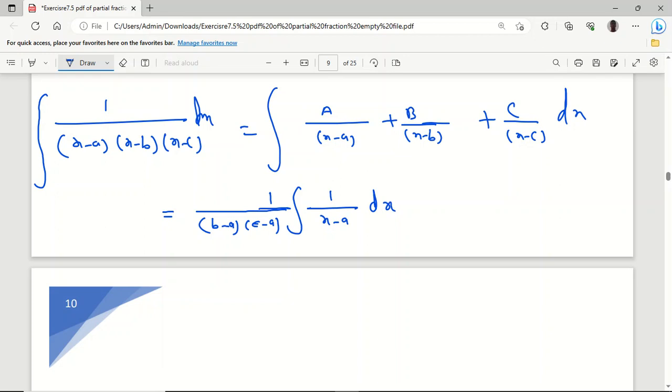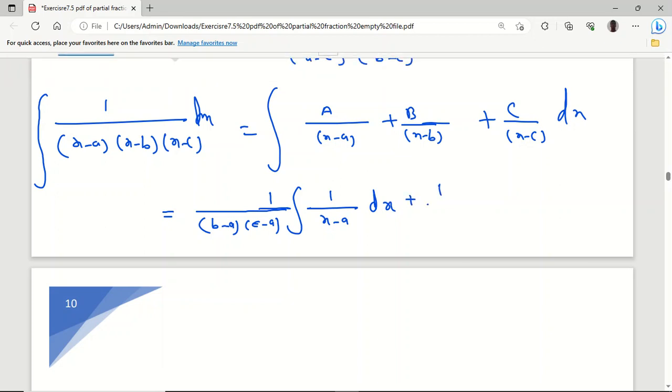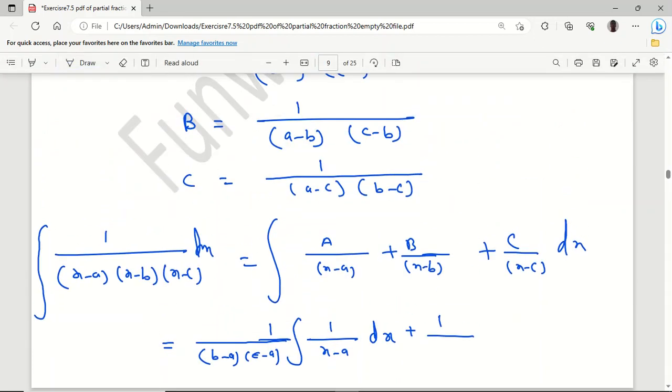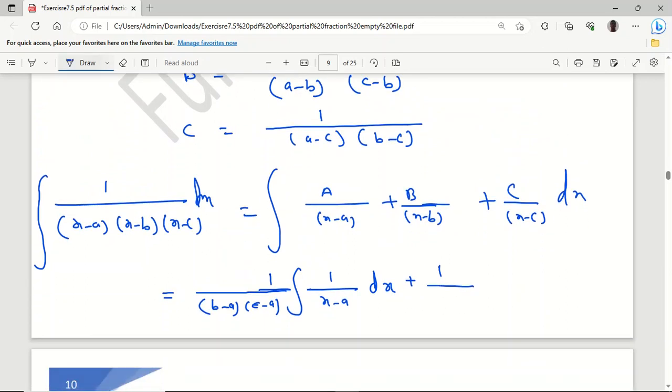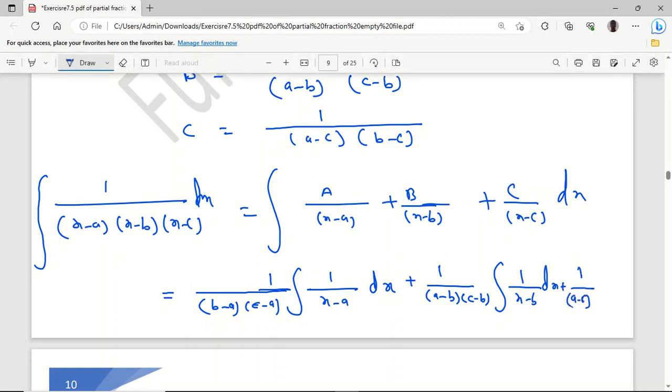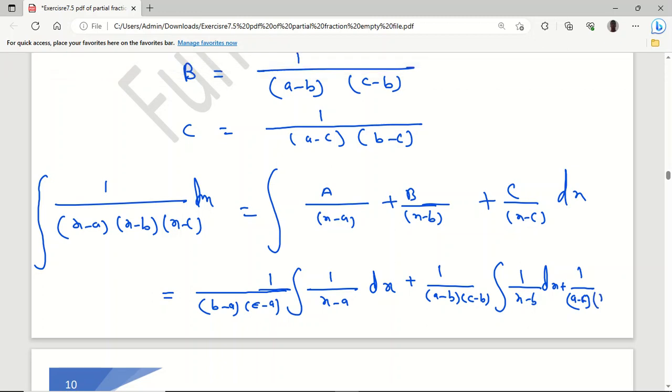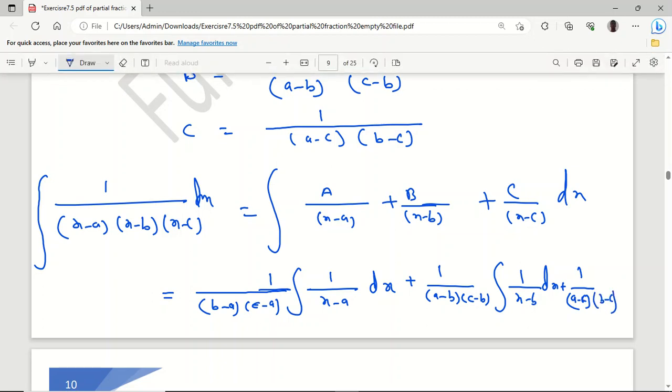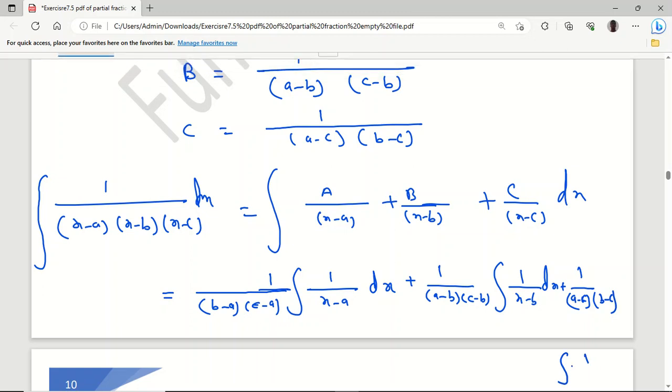The value of B is 1 by (A minus B)(C minus B), times the integral of 1 upon x minus b dx, plus the value of C is 1 upon (A minus C)(B minus C), times the integral of 1 upon x minus c dx.